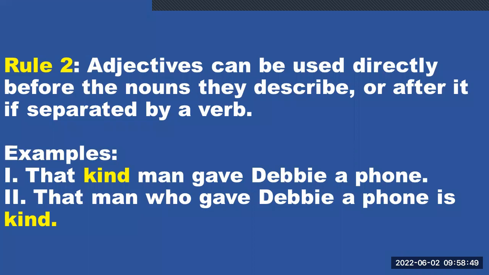All right, that man is kind. So there are two basic places where you can place an adjective: either directly before the noun it describes, as we have here, or after it, if separated by a verb. Okay?